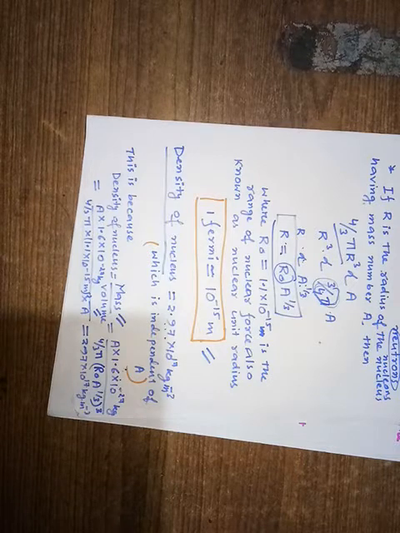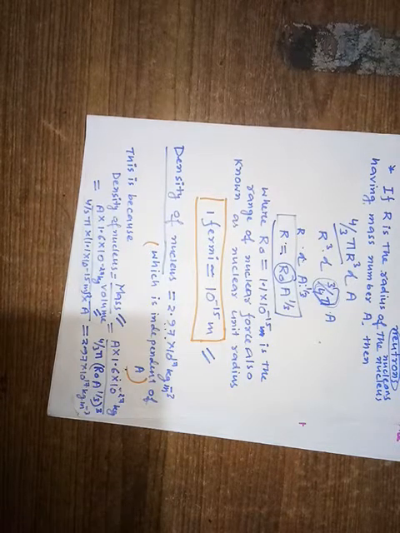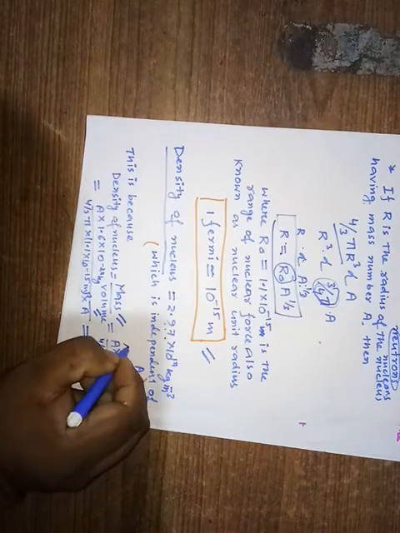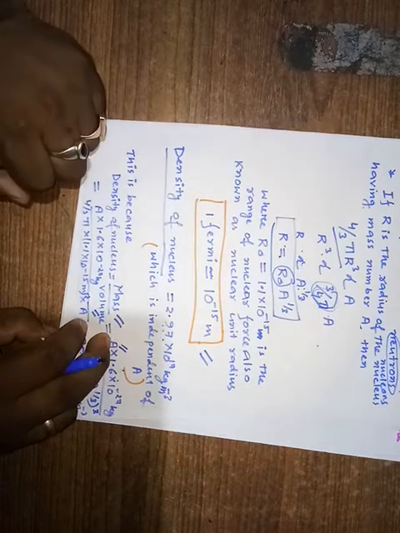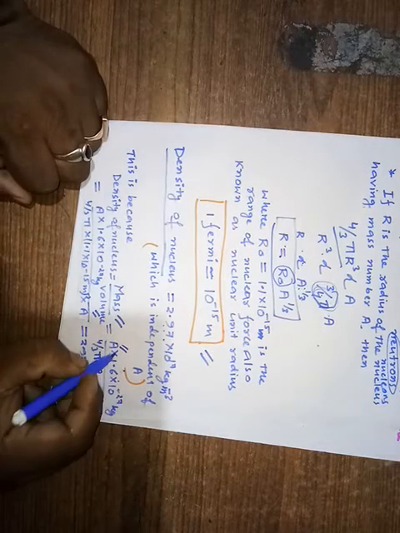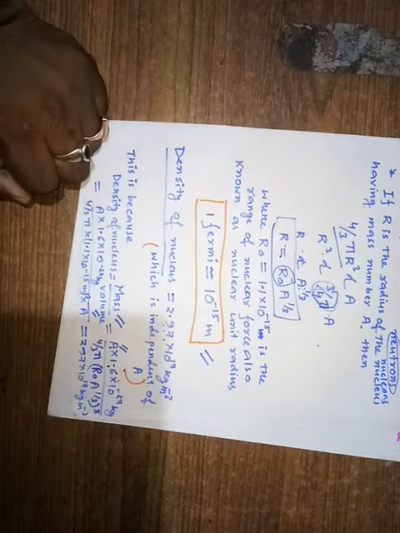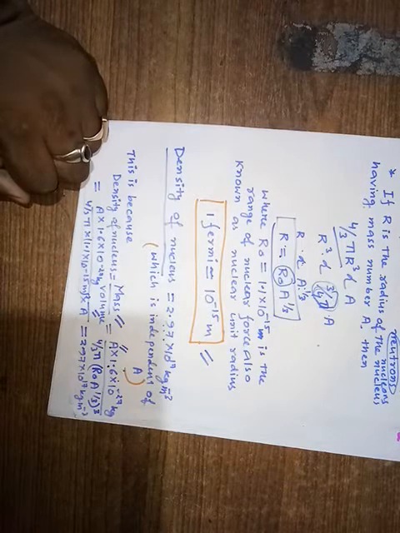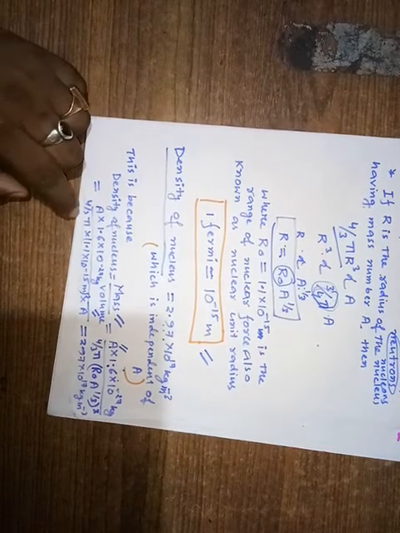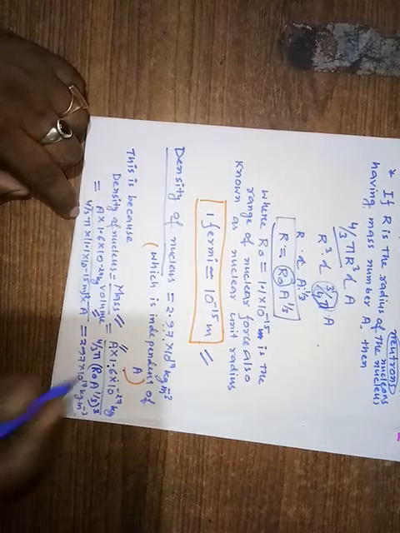Inside the nucleus we have only protons and neutrons, and the total number of protons and neutrons is represented by A. So A means the total number of protons and neutrons inside the nucleus. If we multiply A with 1.6 into 10 to the power minus 27 kg, the mass of one nucleon, then obviously it will give the mass of the overall nucleus. And divided by volume.